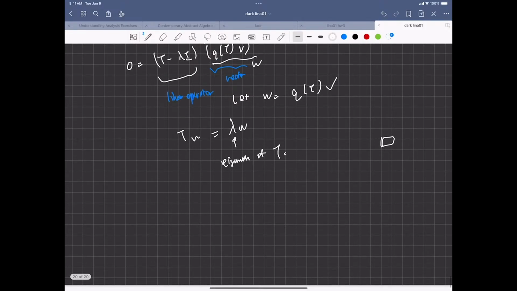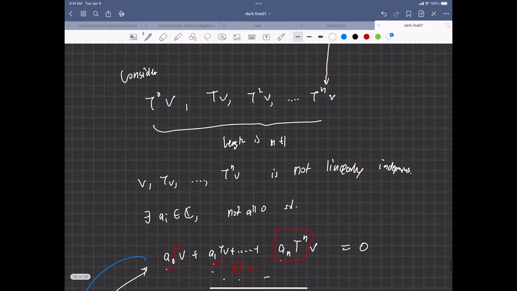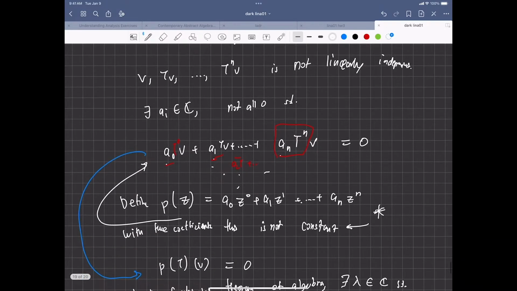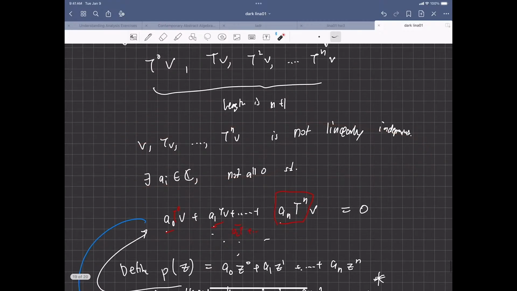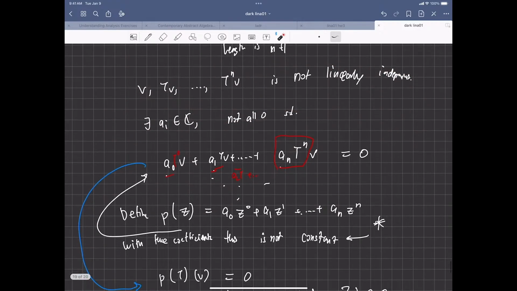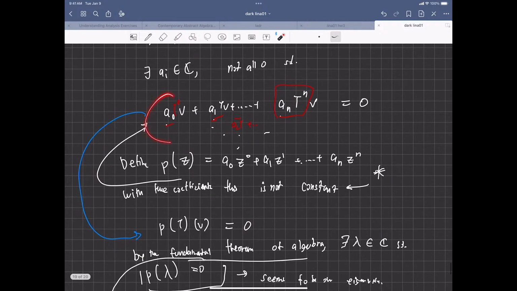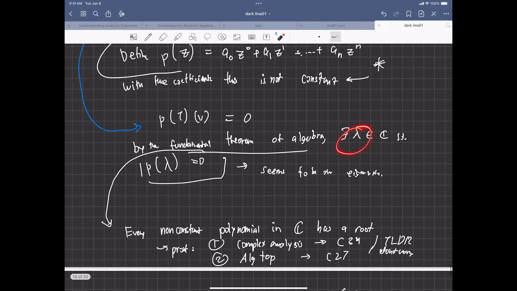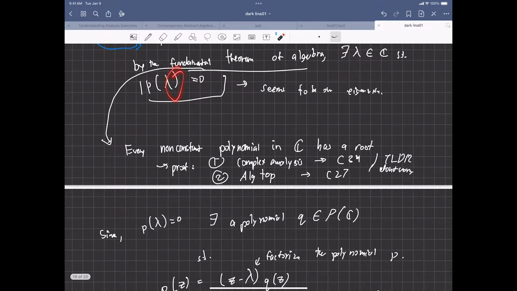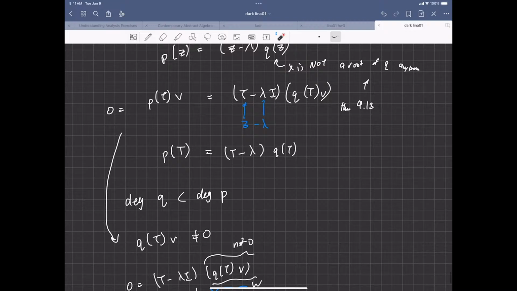So again, to summarize what happened with this proof, this proof is kind of involved. We constructed a list of a bunch of vectors, and this list was very specially constructed. Because it turns out that what we can do with this list is take a polynomial, apply the fundamental theorem of algebra on it to obtain a root, and take that root and show that it is in fact an eigenvalue.